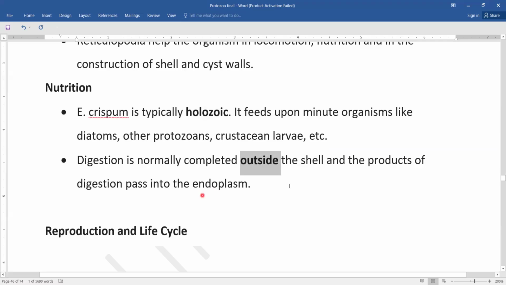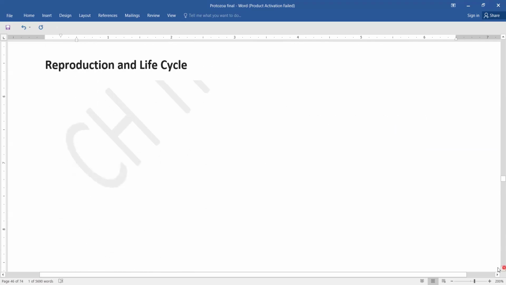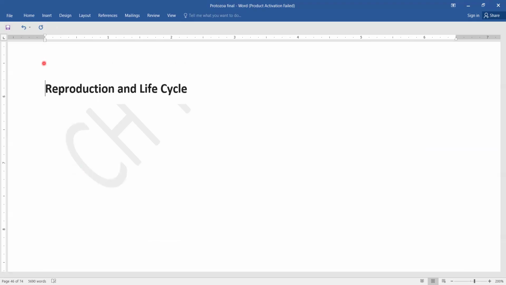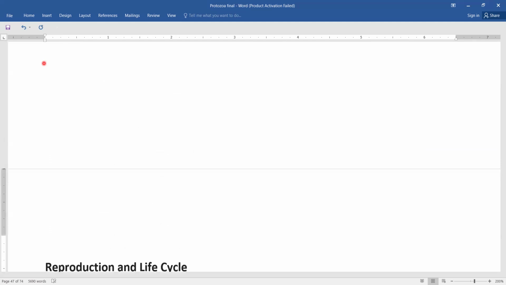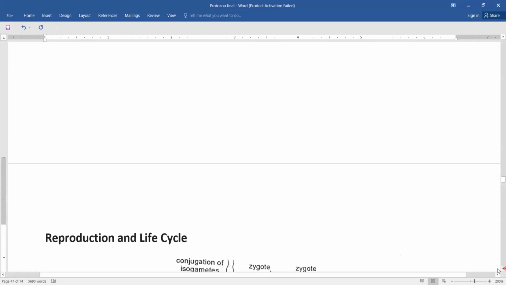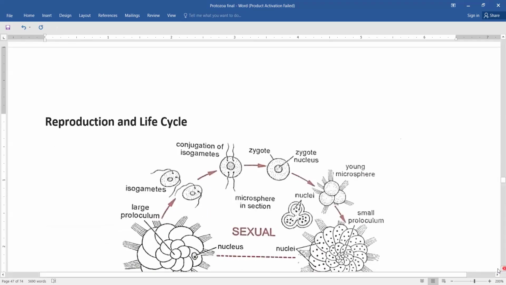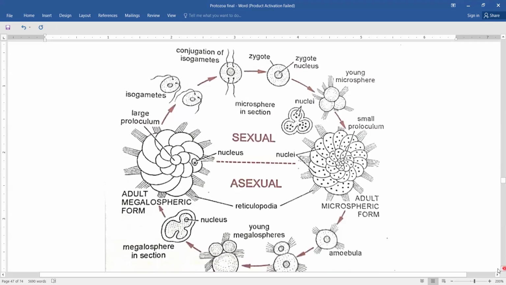Now the reproduction or life cycle. It is very, very simple. It exhibits a clear-cut alternation of generation, in which the microspheric form and the megalospheric form are produced alternately.